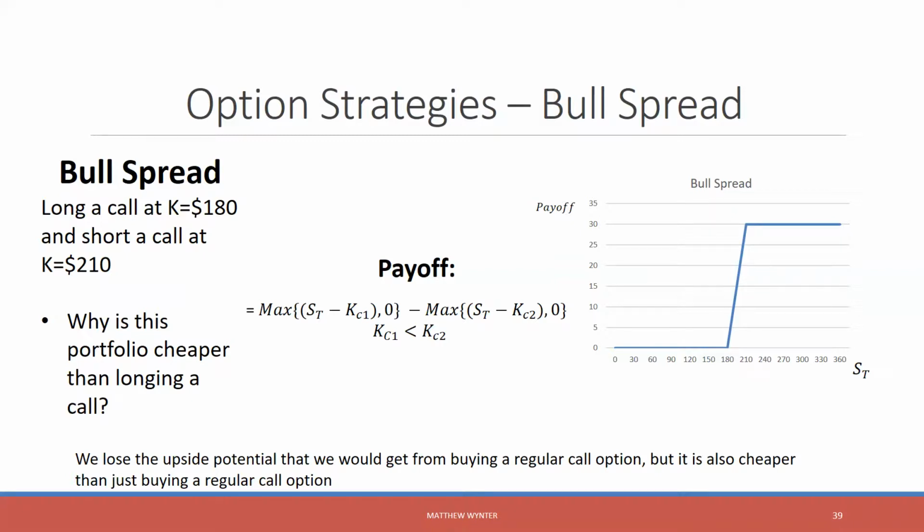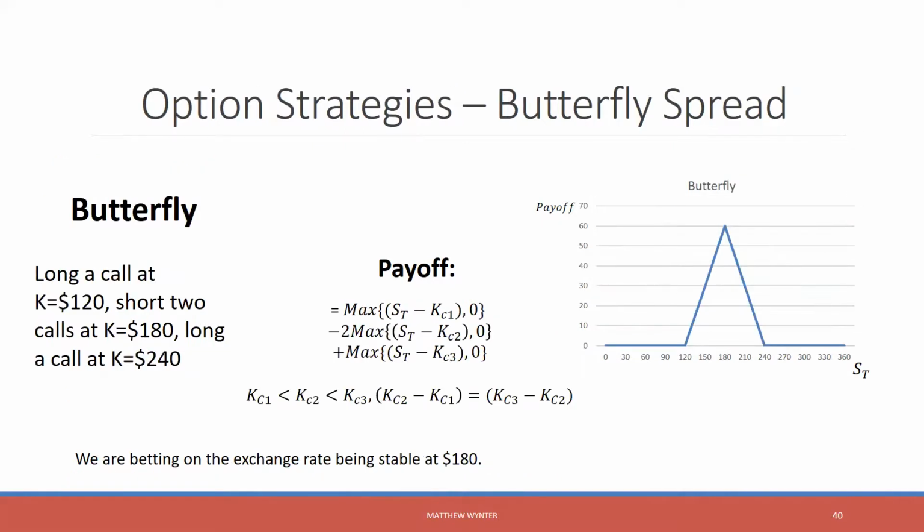So the reason why we would adopt such an investment strategy is because it's cheaper than just buying a call option. And in exchange for that, we're also reducing our potential for payoff. So of course, there's this trade-off. It's cheaper, but why is it cheaper? Well, we must be giving up something in order to have it be a cheaper portfolio strategy.